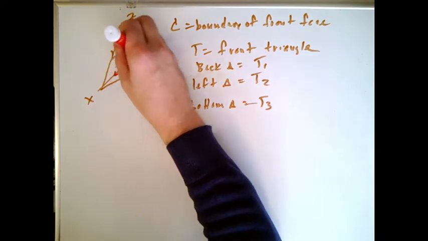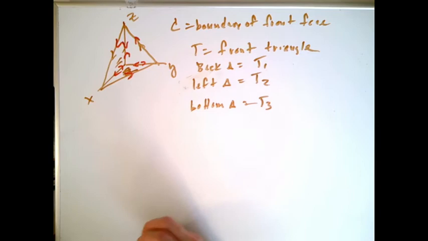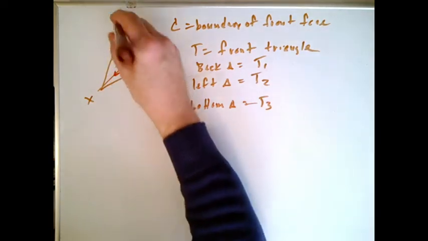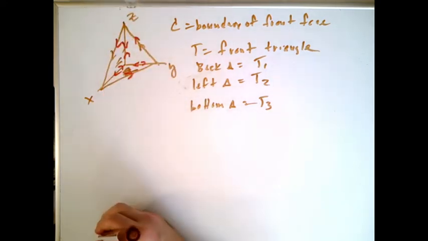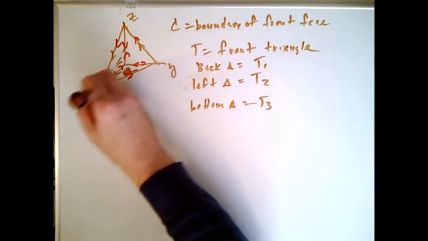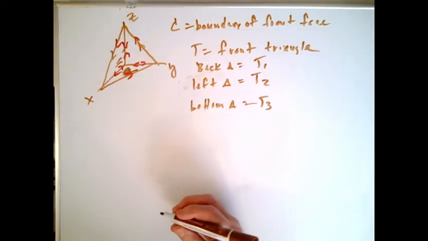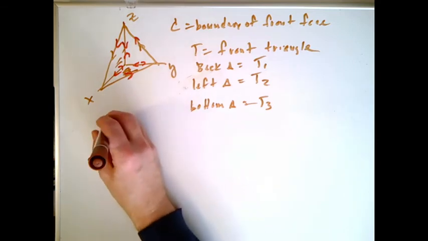So I'm going to go like this, and like this. And you can see that when we add up all the work done of all those triangles, the work done along that back edge is gone, because we did it one way and then we did the other way and it canceled. Same with this left edge, same with this back edge down here. So if I add the work done from those three pieces, what I actually get is the work done on the front.